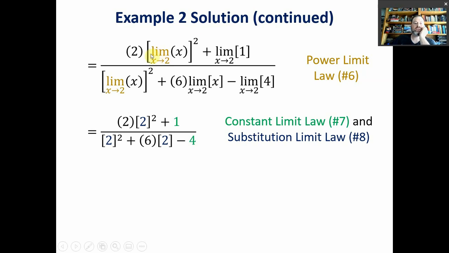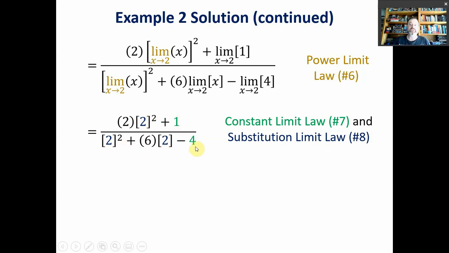The limit of x as x approaches 2 is just 2, so we plug 2 in there. That's our substitution law. Over here, the limit of 1 as x approaches 2 is still 1, so that's our constant limit law. So we use substitution here, here, and here, and the constant law here and here.